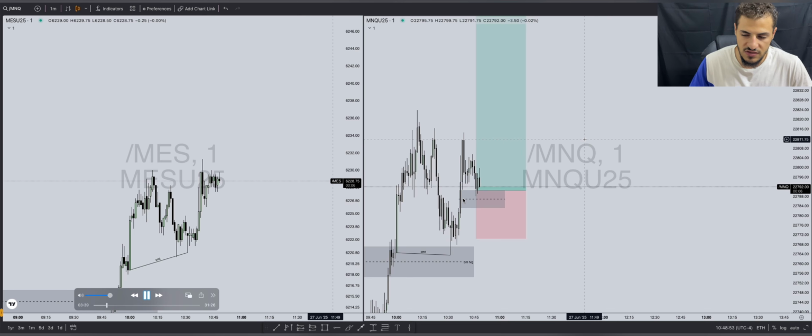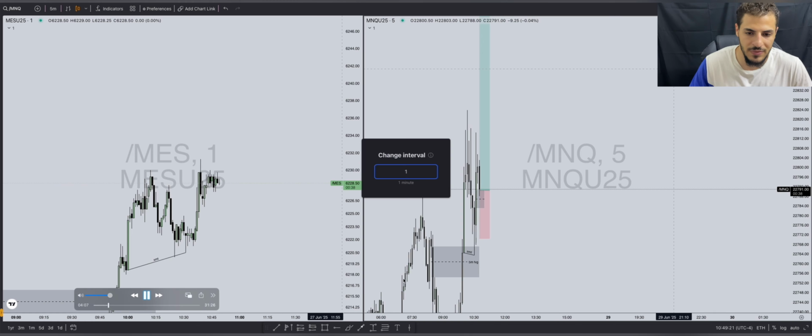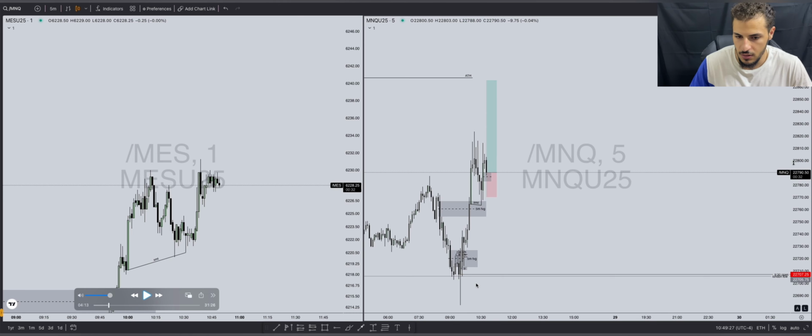So this fair value gap happened before the macro, so that just makes it a little bit lower probability, and it makes it less favorable in our direction, right? So I just want to make sure that this fair value gap is respected to the same direction that I'm looking to target. You can see here, sell side, London lows swept, clear push to the upside, clear draw higher.